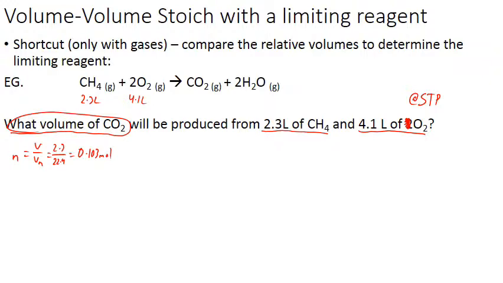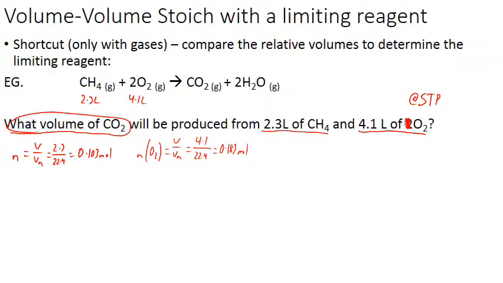Okay. We also need now to convert our 4.1 litres of O2 back to an amount. So our amount of O2 will again be equal to volume over molar volume. So 4.1 litres divided by 22.4, which gives us 0.183 mole.